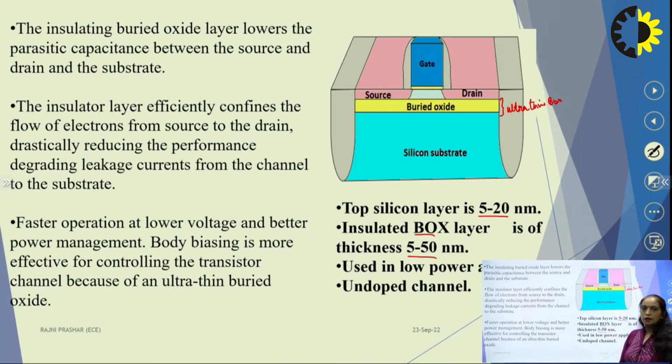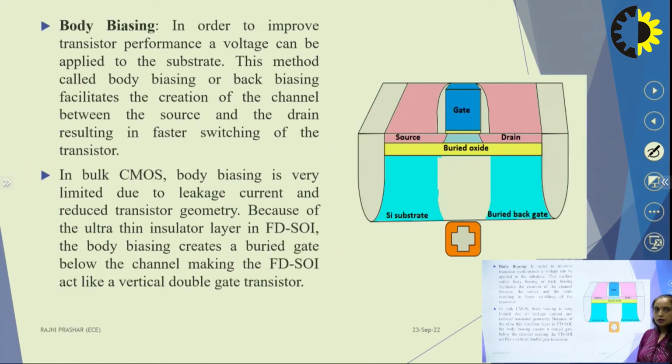This fully depleted technology can be used for low power applications and undoped channels. So this is the structure where we can apply some voltage at the substrate end and we can use this as a vertical gate. Body biasing is a process where your device performance can be increased by applying a voltage at the substrate terminal.